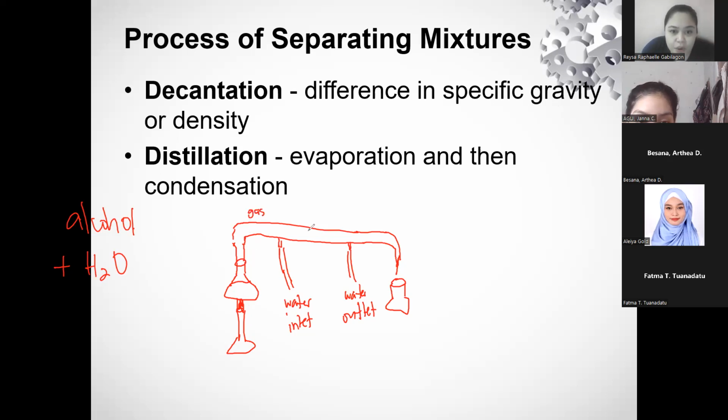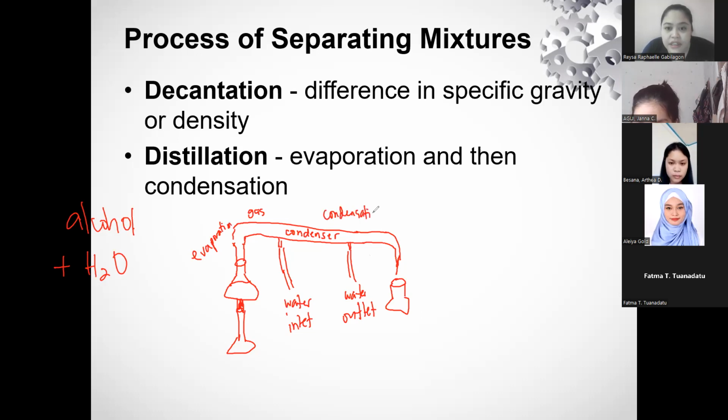Pupunta yung gas dito. Ang tawag natin dito sa aparatus na ito ay condenser. Okay? Sa condenser, malamig yung environment dyan kasi may water na constantly moving. So si gas class na alcohol, dadaan siya dyan. And then, from the process of evaporation, magkakaroon ng condensation dito.